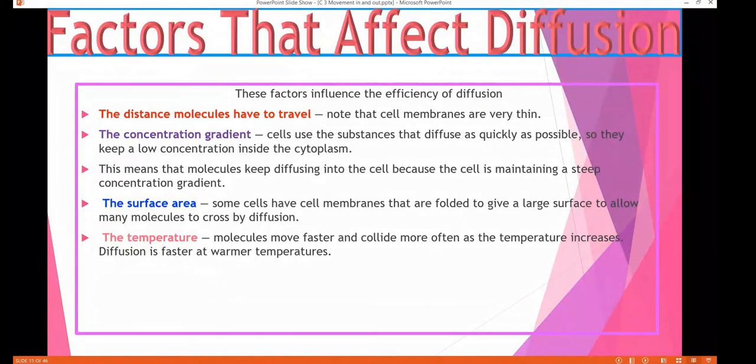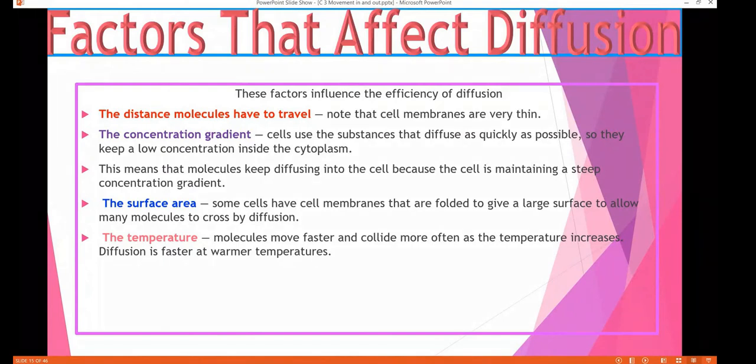Can I read? Yeah, go ahead. These factors influence the efficiency of diffusion. Distance molecules have to travel.